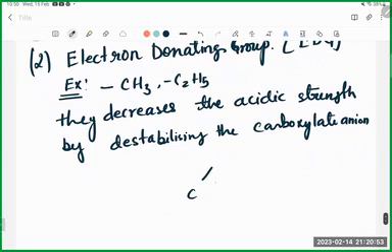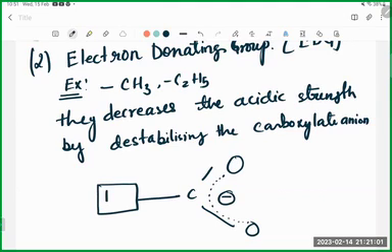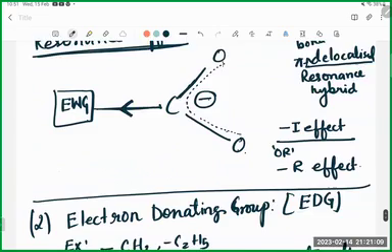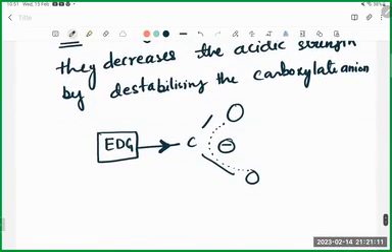Yes, ma'am. Arrow difference you can see. This is the nature of electron withdrawing, and this is the nature of electron donating. So they donate electron to the carbon, destabilize the carboxylate anion and weaken the acid.